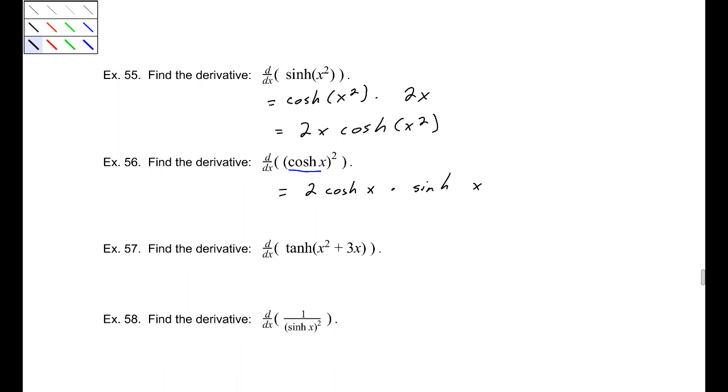Next, derivative of hyperbolic tangent of x squared plus 3x. The derivative of the outside function is hyperbolic secant squared. We keep the inside function times the derivative of the inside function, which in this case is 2x plus 3.